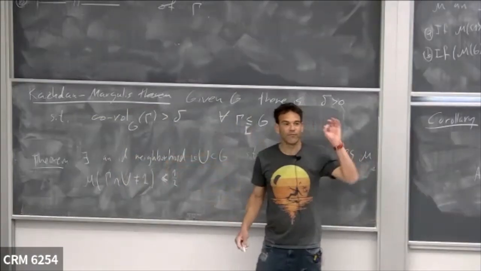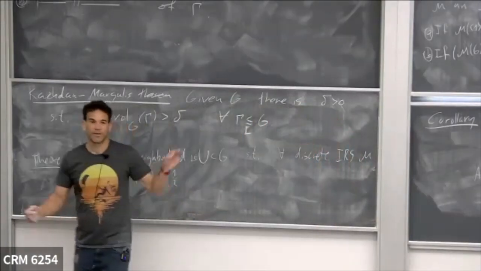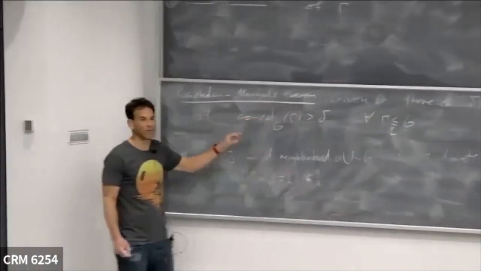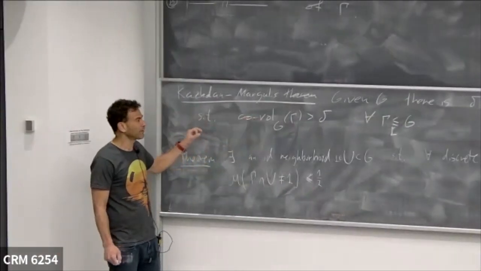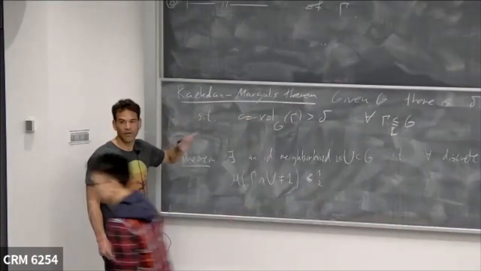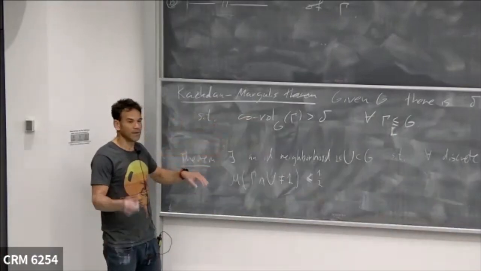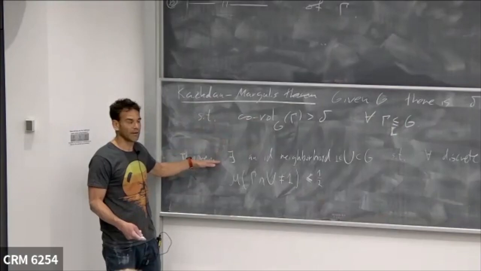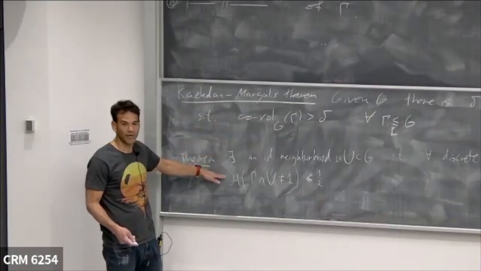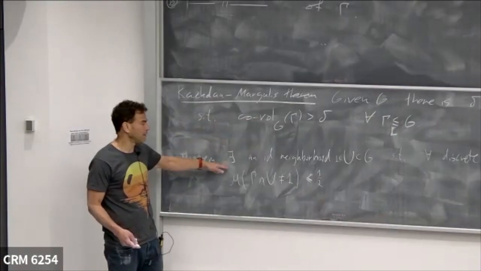So there is some fixed U, independent of mu, such that for every IRS, the probability that the random subgroup intersects U non-trivially cannot be bigger than half.